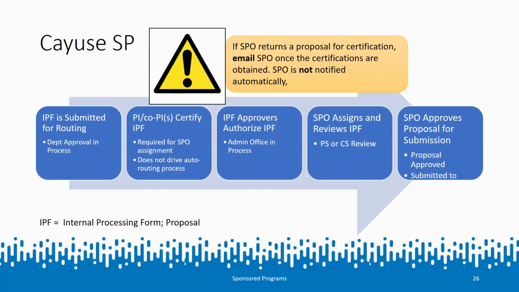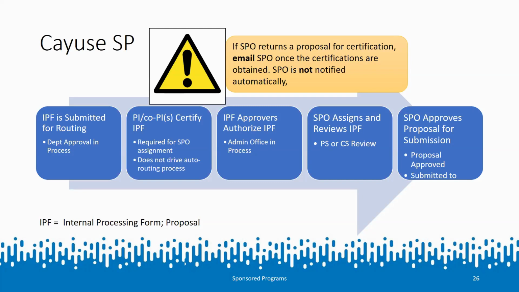Unfortunately, it doesn't drive the auto routing process, so it's going to route to us even without their certifications, and we're going to move it back to department approval and process, email them, and say, please certify it and email me back. We don't get notified when they certify it. We don't see it, so they have to let us know, and sometimes they forget.